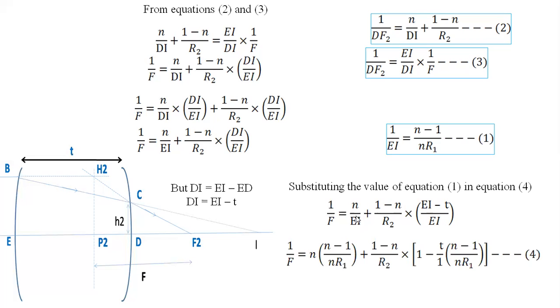Now substitute the value of equation 1: 1/ei is (n − 1)/(n r1). Here ei and ei get cancelled, and we get 1 minus t/ei. Therefore, substituting the value of 1/ei, we get (n − 1)/(n r1) + (1 − n)/r2 × (1 − t × (n − 1)/(n r1)). This is equation number 4.